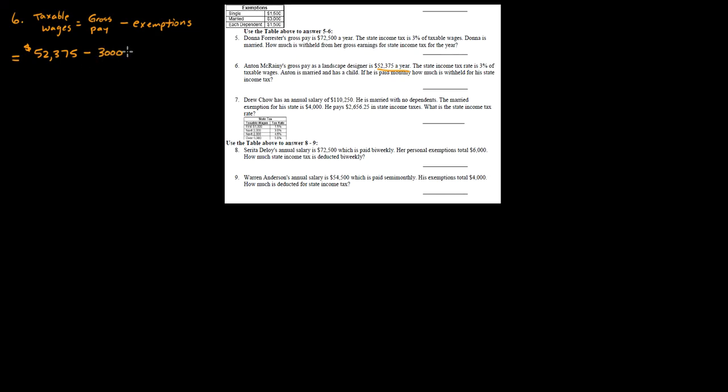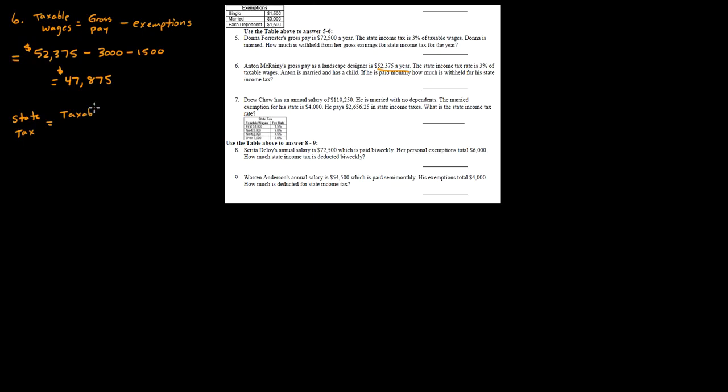We subtract that, and then we subtract an exemption for the dependent, which is 1,500. When we do that, that leaves us with $47,875 in taxable wages.